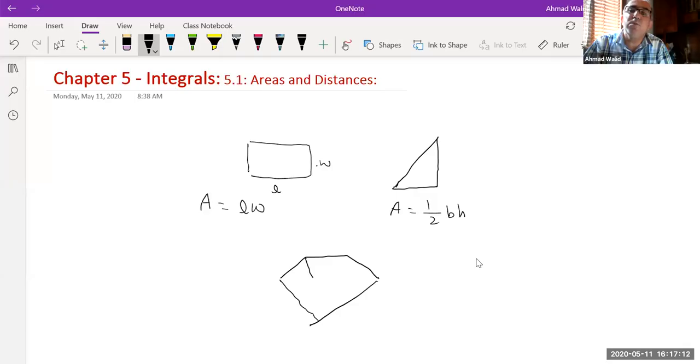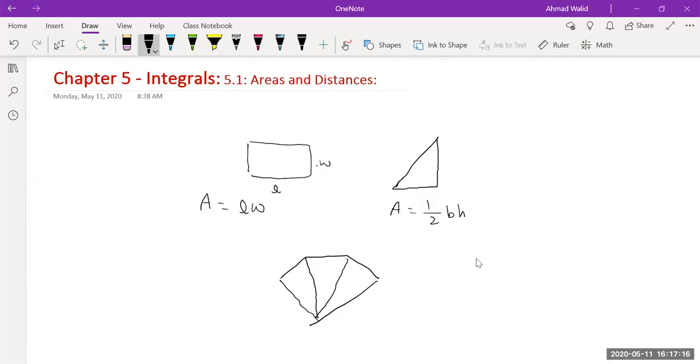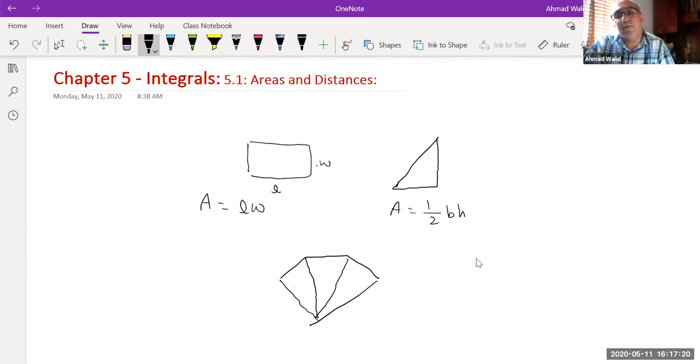You divide this shape into 3 separate triangles and name the areas A1, A2, and A3, and then A is equal to A1 plus A2 plus A3. It's easy to find these areas.